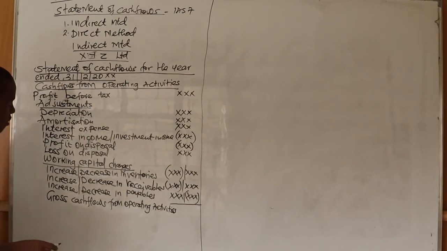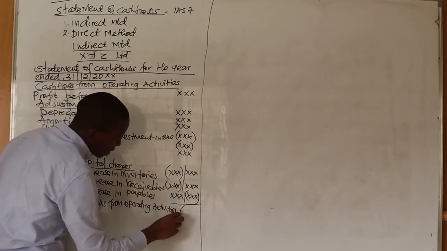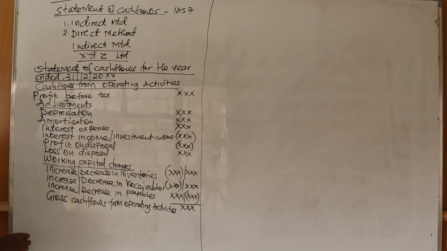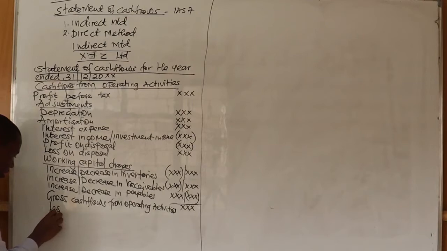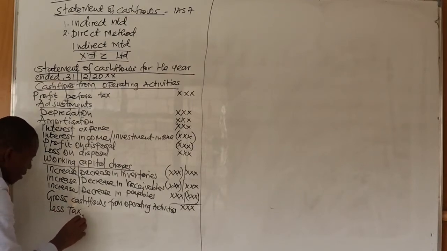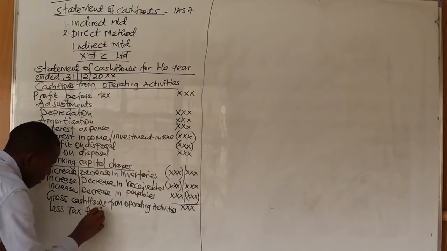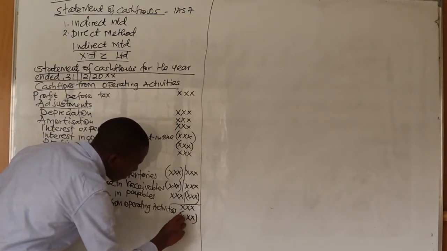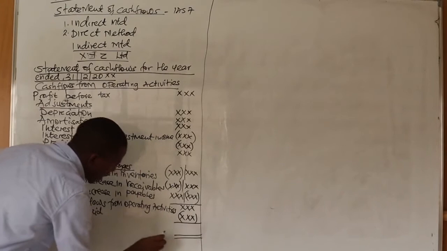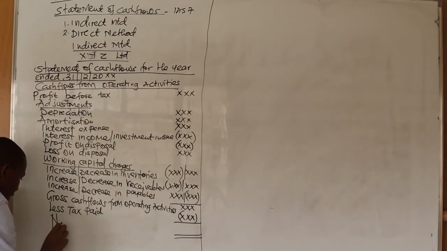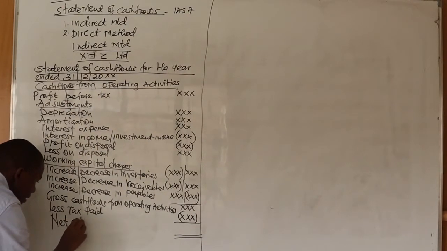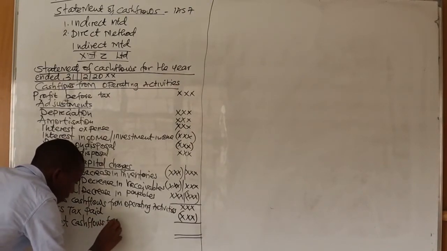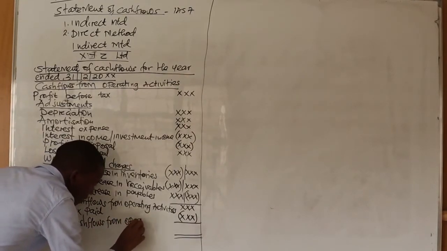So the gross cash flows from operating activities. Then after that, you can now less the tax that was paid during the year, the tax paid, and after lessing the tax paid, what we'll now be able to get here is the net cash flows from operating activities.